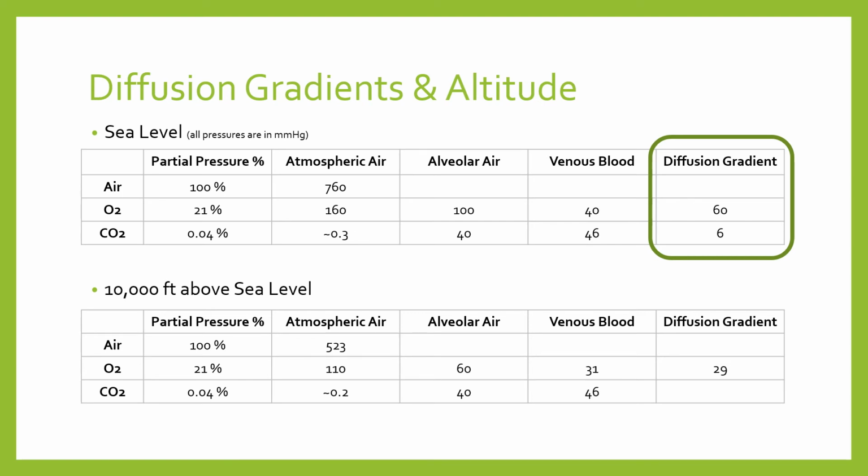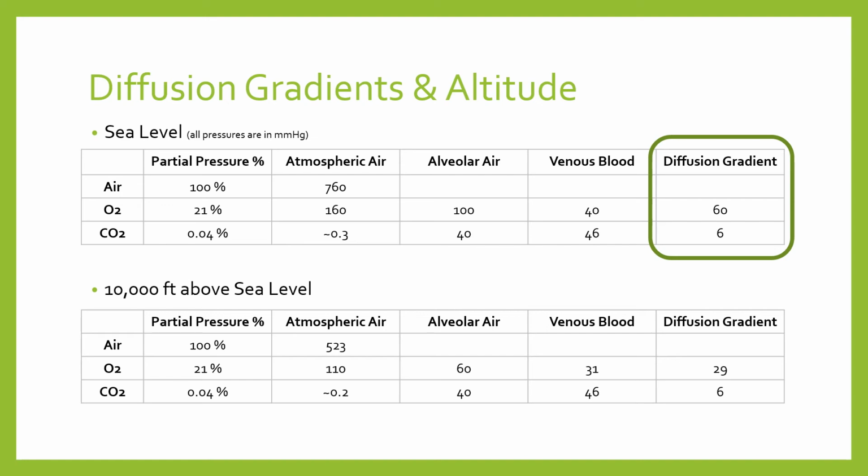The same is true of the venous blood. However, because we're working in much lower overall real terms numbers of carbon dioxide molecules, the difference in the diffusion gradient is much less noticeable. The diffusion gradient does change a little, but it's insignificant because carbon dioxide is only 0.04% anyway.